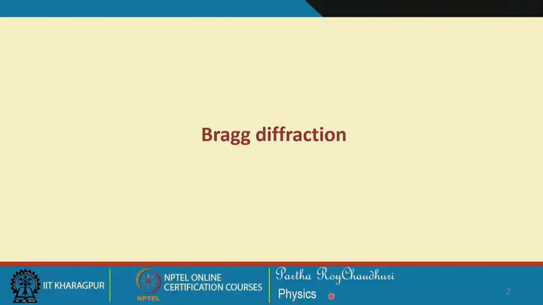In the case of Raman-Nath diffraction, we saw that the formulation was based on the interaction length of the light wave with the acoustic wave being small.